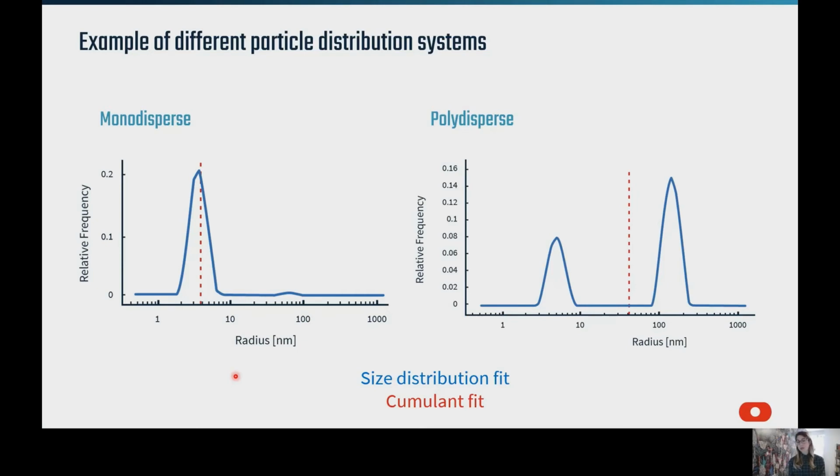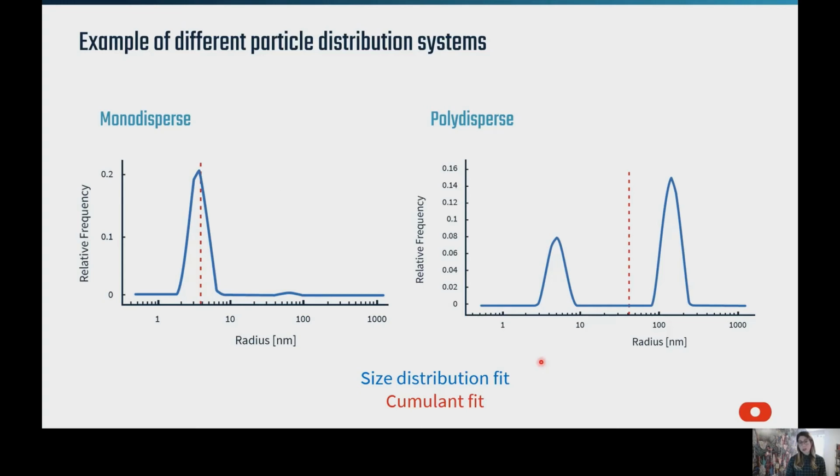The size distribution fit, however, is shown here by these blue peak shapes. The width of the peak is going to change depending on the dispersity of the particles in solution. So for instance, in a monodispersed system seen on the left, there is a single particle species, and we see that the cumulant and the size distribution fits overlay quite nicely because there's a single species and the peak is very symmetric for these single species populations.